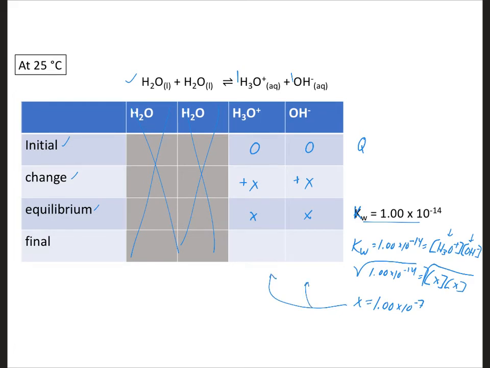So that means that the H3O plus concentration at equilibrium is going to be 1.00 times 10 to the minus 7, and then the same thing here for the OH, 1.00 times 10 to the minus 7. So if the question is asking us what is the hydronium ion concentration at equilibrium, then we've got it. If they're asking us what is the hydroxide concentration at equilibrium, we have that number as well.